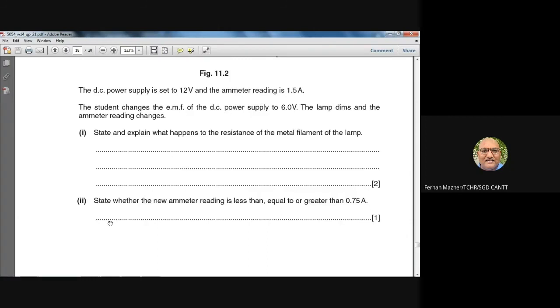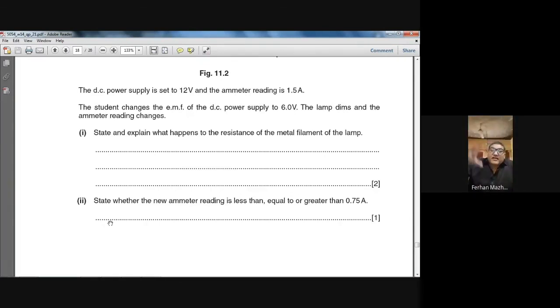It should have become 0.75 ampere, but it will not happen. Why? Because the filament lamp is not an ohmic conductor. Its resistance will not remain the same.